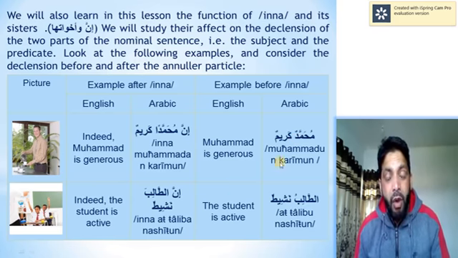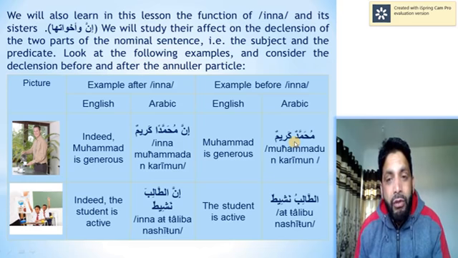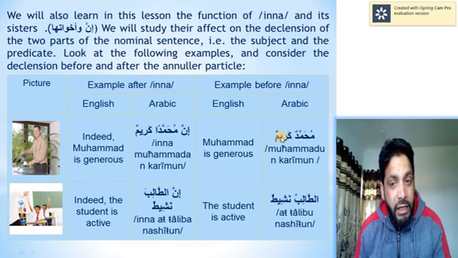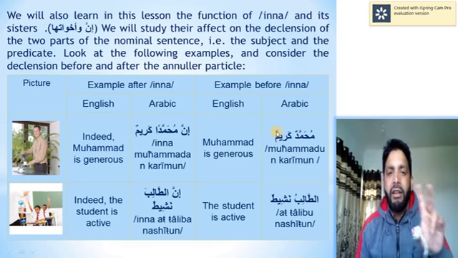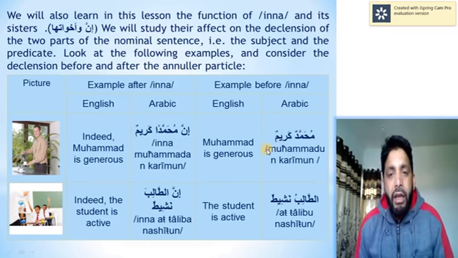And what is the sign of it being in the nominative case? You see this dhammatut tanween. We see dhammatut tanween here. So it's a sign that this is in the nominative case. Karimun is also in the nominative case because we have dhammatut tanween at the last. Both mubtada and khabar are always in the nominative case.